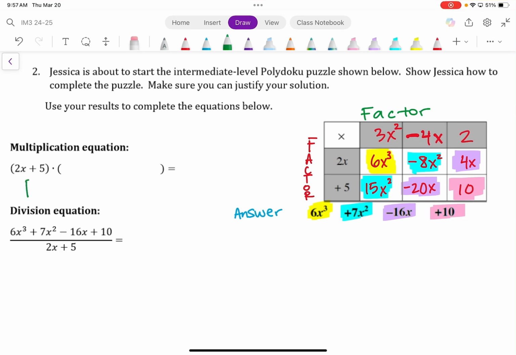So this is one factor times another factor. So over here I'm going to write 3x squared minus 4x plus 2 equal to our answer, which is 6x cubed plus 7x squared minus 16x plus 10.